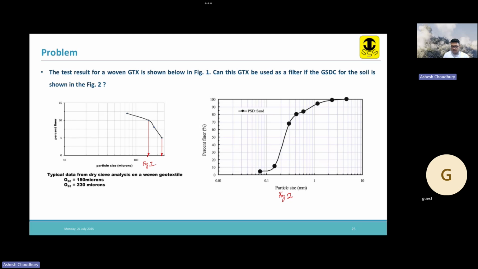O95 size means 5% passing, like this size.